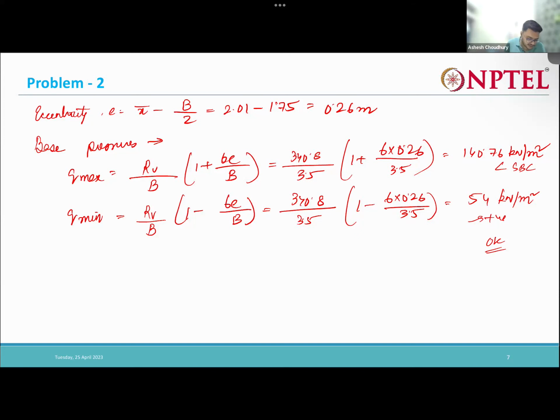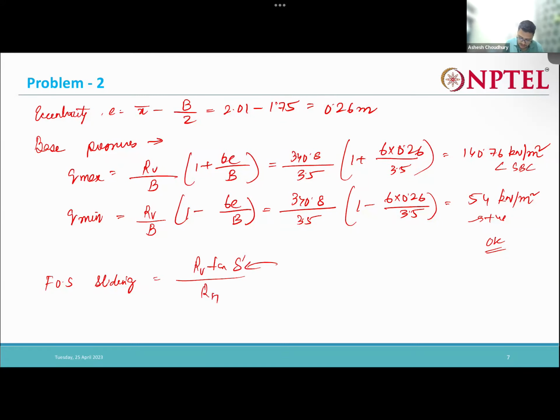Now factor of safety in sliding. Equal to R tan delta by Rd.